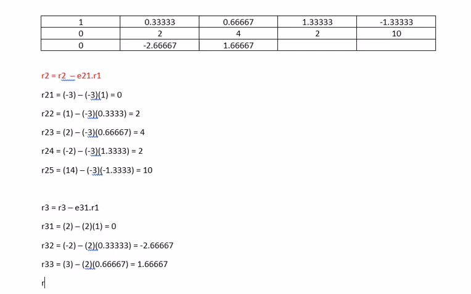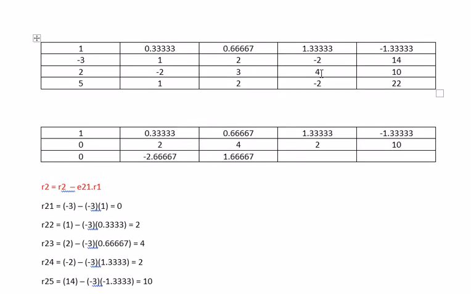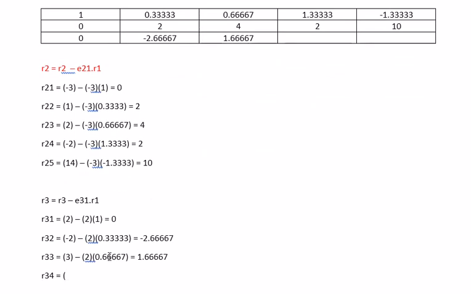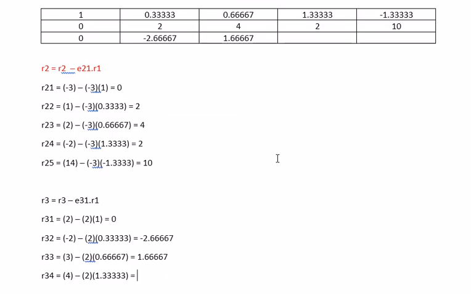Then we have R34 is equal to, what is the value of the element in row 3, fourth column? So that is 4 minus, we have here 2 times 1.3333, that is equal to how much? 1.33333.